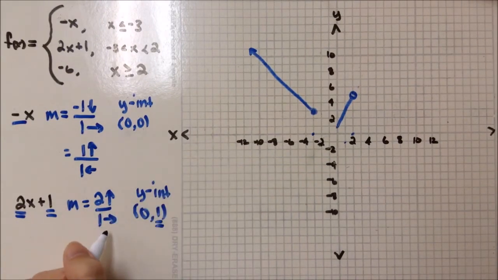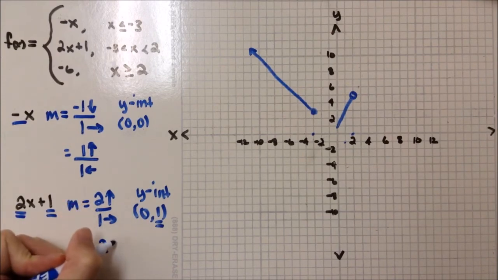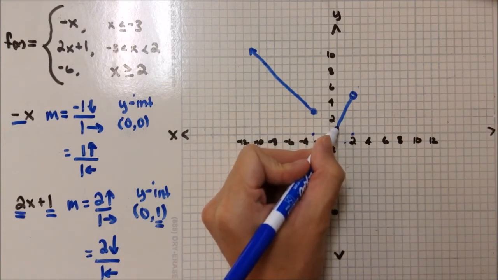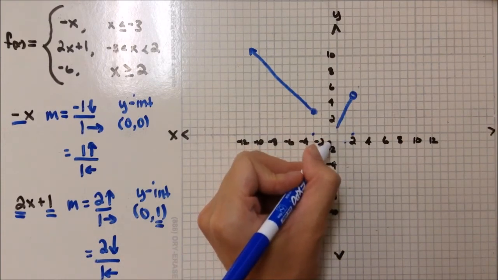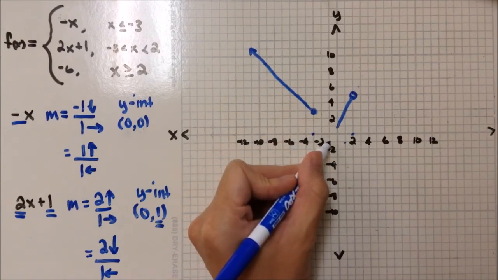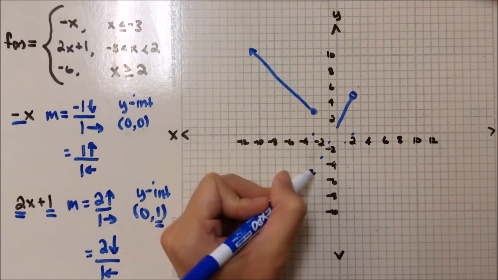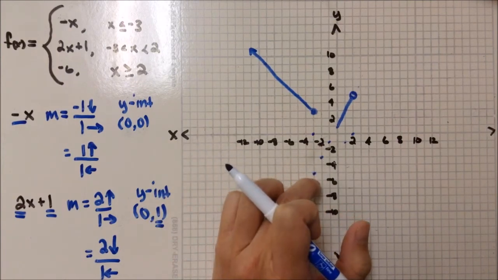Now again, if I were to graph backwards, backward would be the opposite direction. So since it's up, down. And then since it's to the right, then left. So down 2, left 1. Then down 2, left 1. Down 2, left 1. And we stop here because that's negative 3.